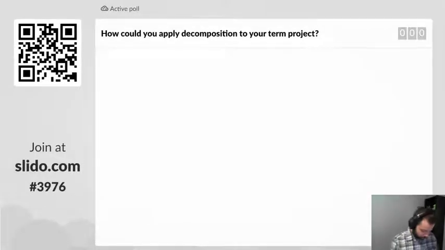So think of your term projects that you've got. How could you apply decomposition to it? And I don't care what type you use. Right, so like if you wanted to do a data-driven decomposition for your term projects, what would that entail? If you wanted to do object-oriented or functional or process-based, how would that impact you?